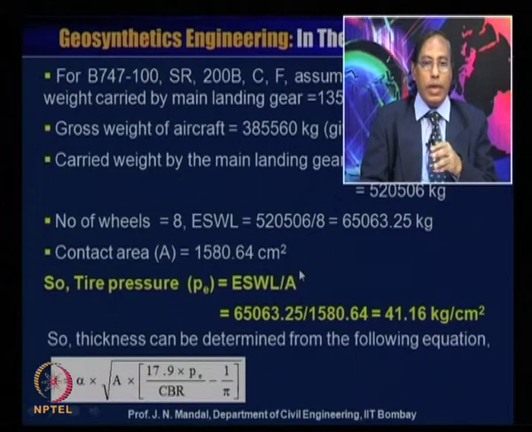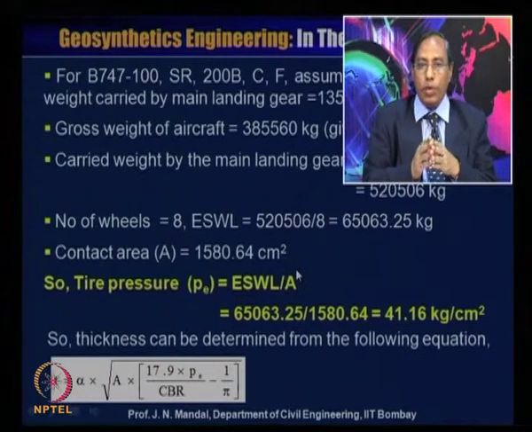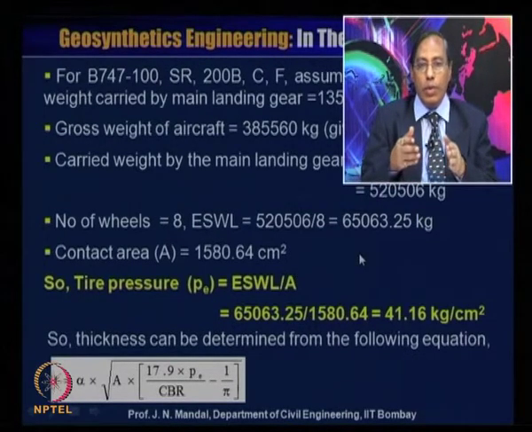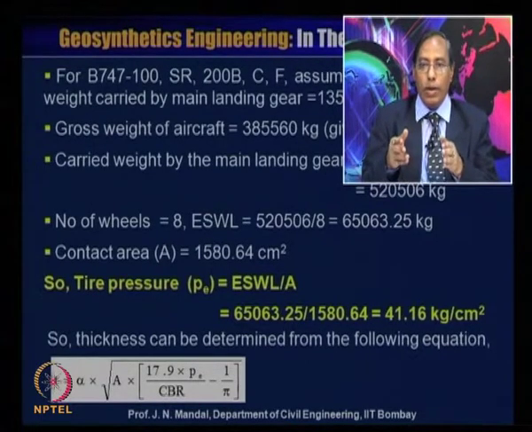You know the contact area A is equal to 1580.64 centimeter square. So, tire pressure PE is equal to ESWL divided by A, that is 65063.25 divided by 1580.64, which is 41.16 kg per centimeter square.